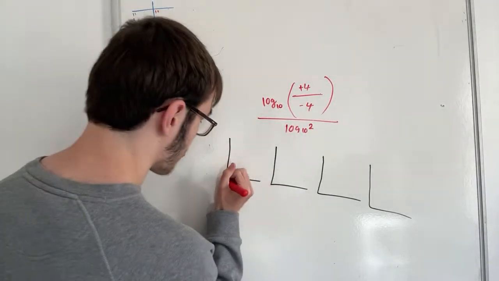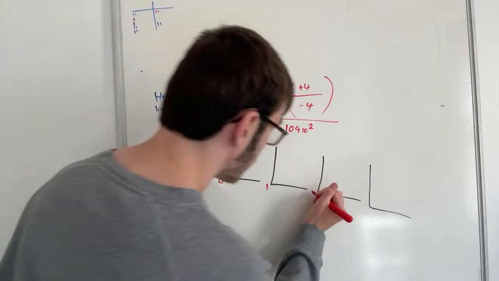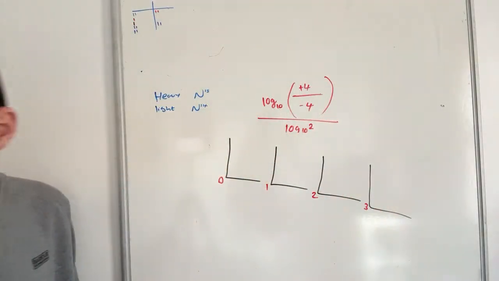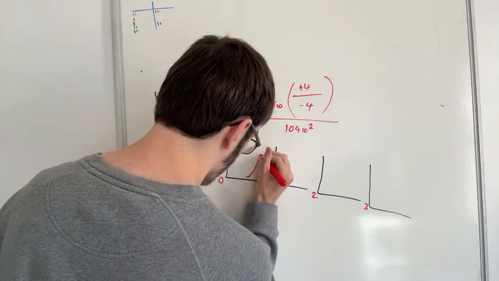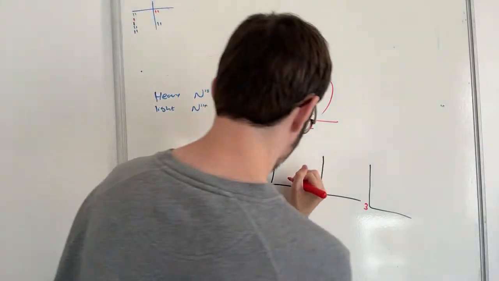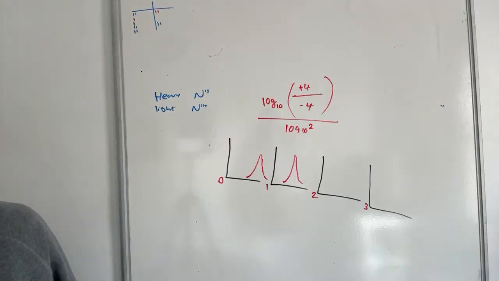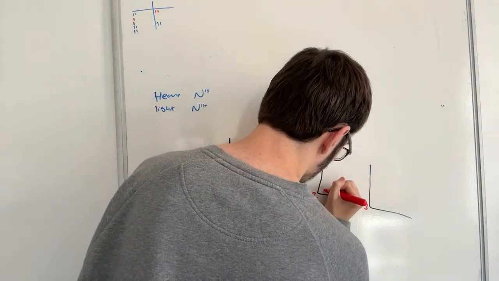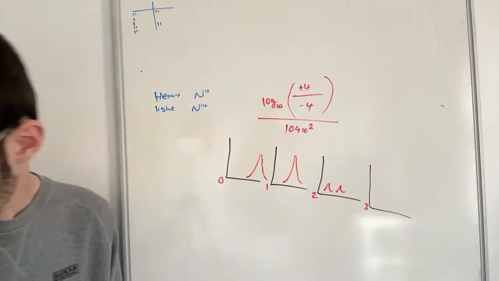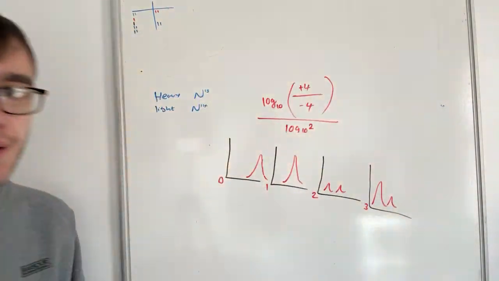At generation 0, generation 1, 2, and 3. At 3, it is like this. So it's very dense. Generation 1, it's kind of in the middle. Generation 2, it's like that. Generation 3, it's like that.